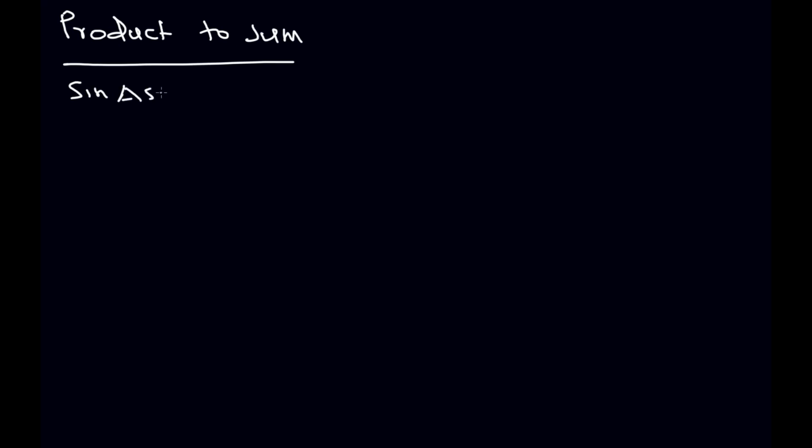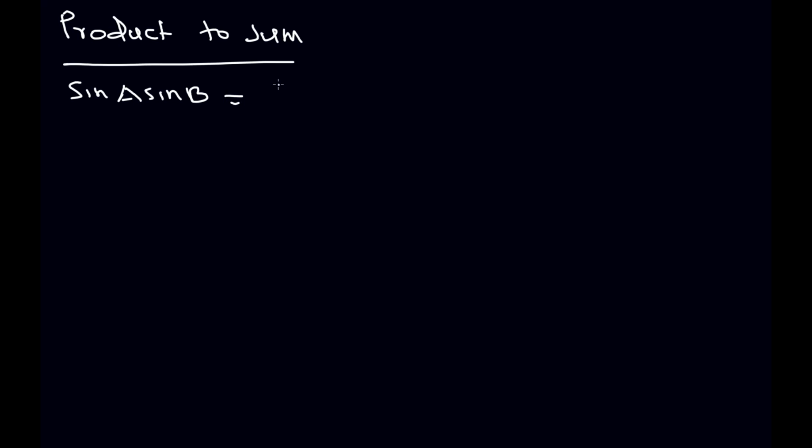So we'll have product to sum. You saw how we actually derived this. So here we're going to list them out now. So product to sum, we're going to have the first one, sine A. You saw how we derived, and the rest can also be derived just like this.